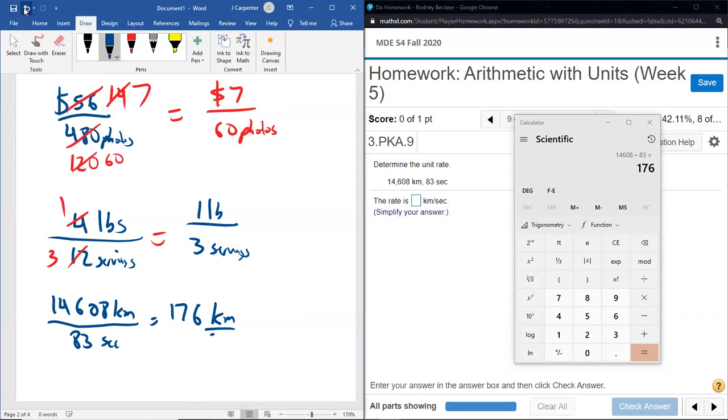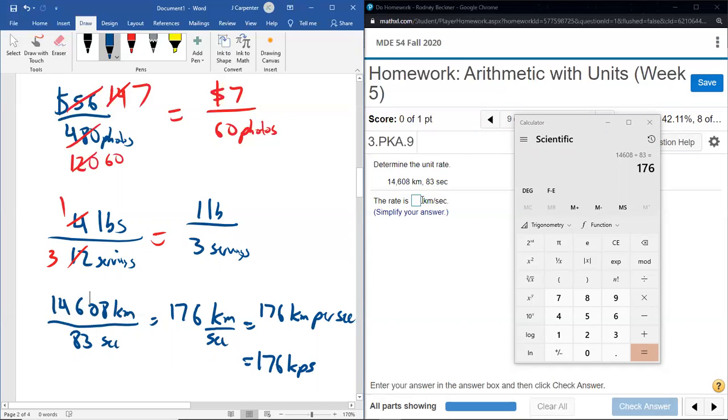So you could do kilometers per second that way, or you could write it with more words, 176 kilometers per second, or you could go with an abbreviation if everyone is okay with it, KPS. KPS is kilometers per second, just like MPS is miles per second, which is the only time miles is abbreviated with an M, otherwise it's MI.